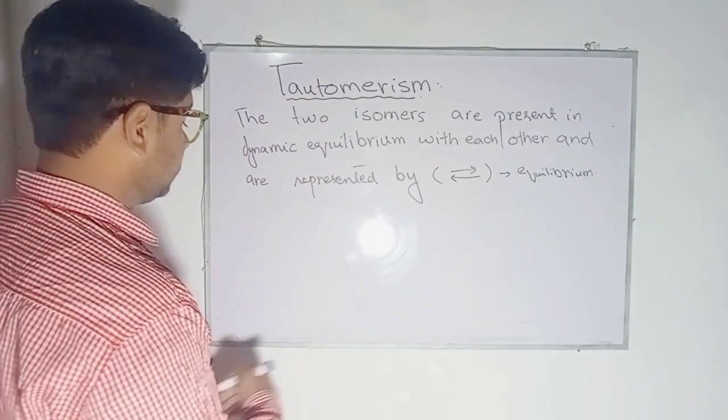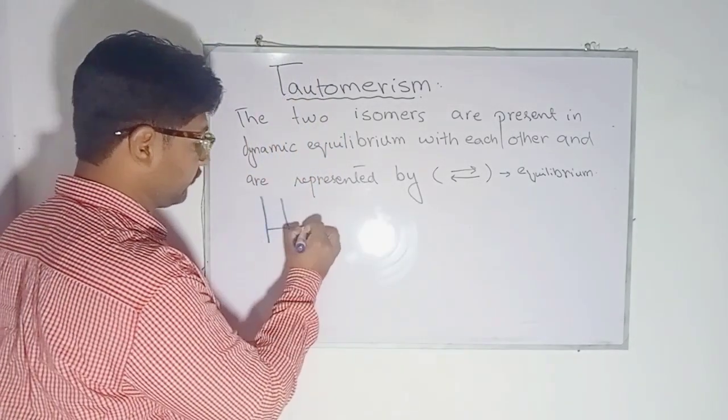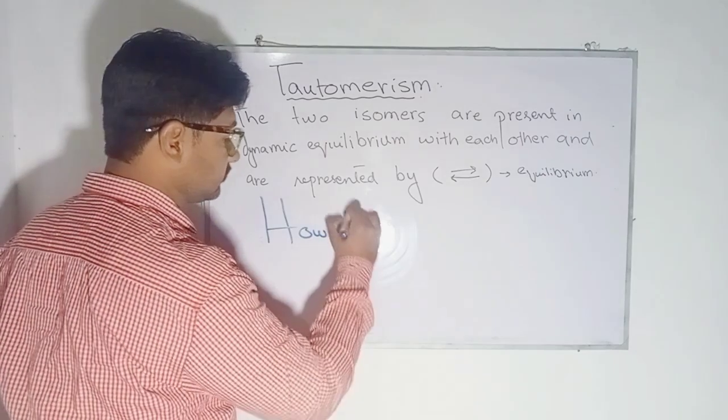So the question is how tautomerism is different from resonance.